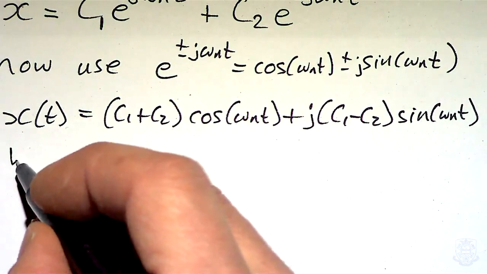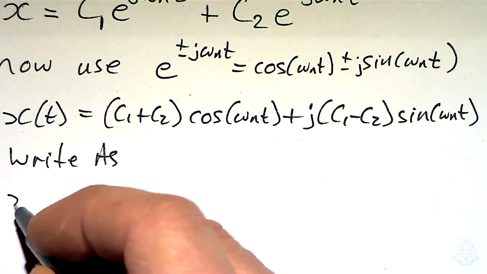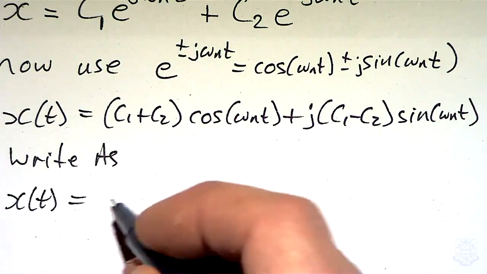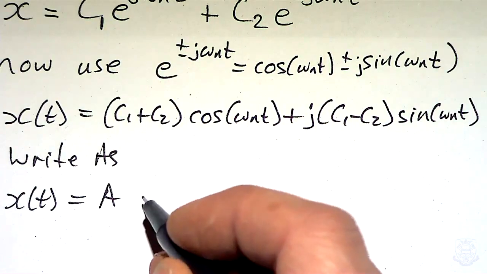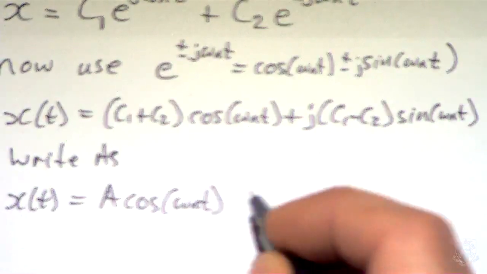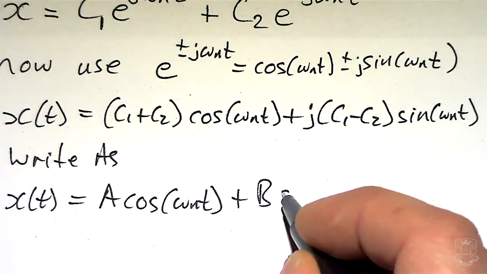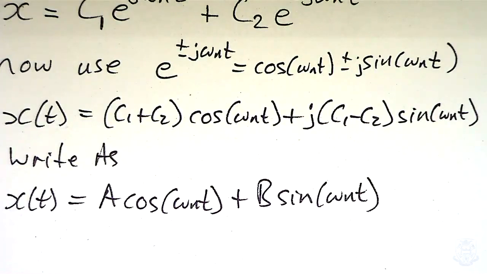So we're going to write this as x of t equals a cos omega nt plus b sine omega nt, where a, which is c1 plus c2, is a new arbitrary constant. So a and b are just new definitions of the arbitrary constants, simplified into two new labels.